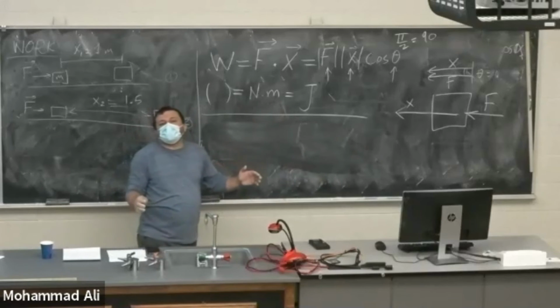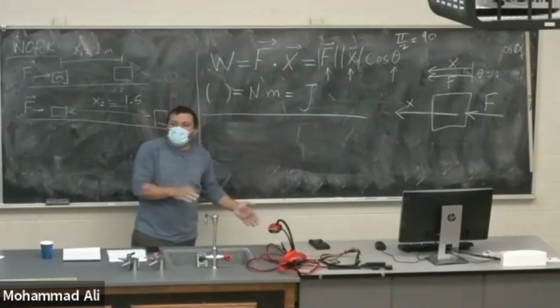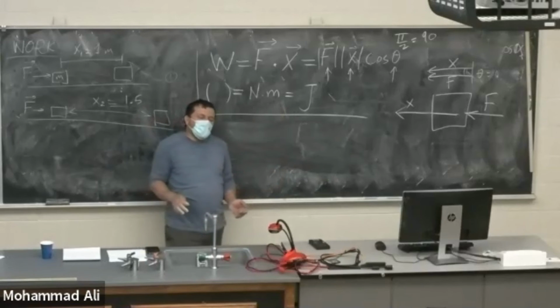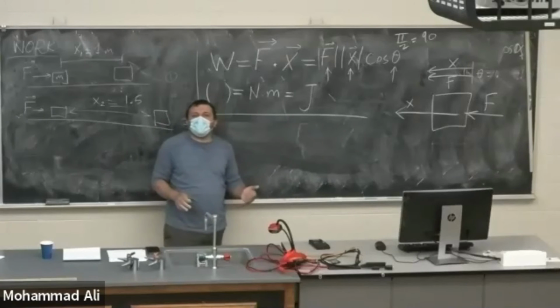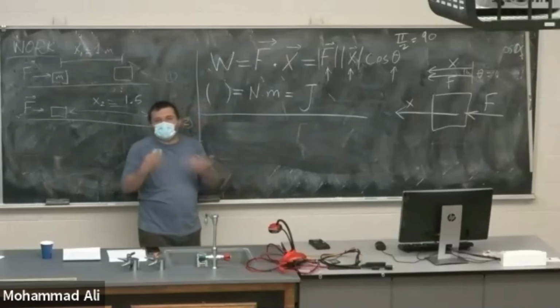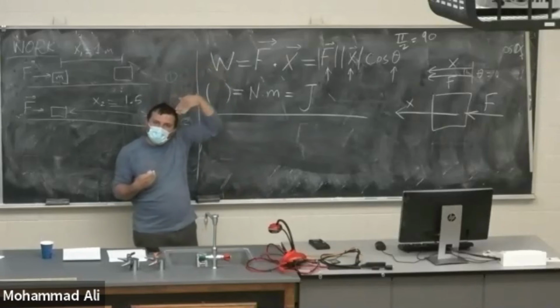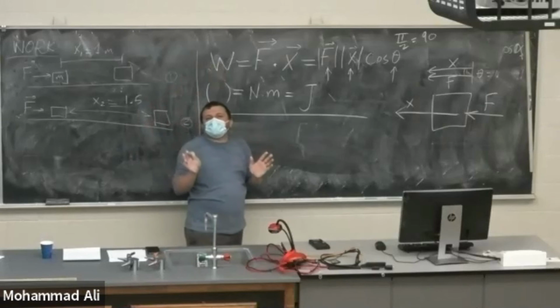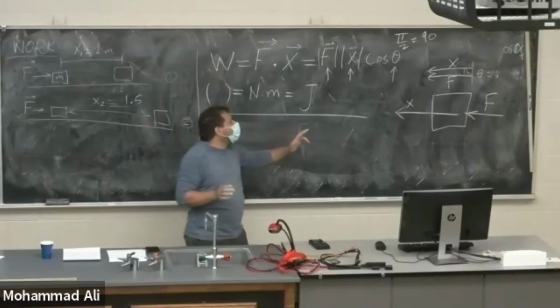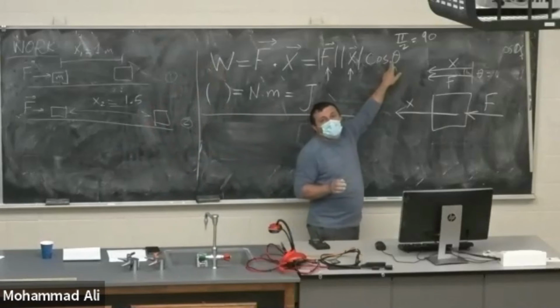Sometimes the work is positive, sometimes it's negative. People say that if the work is positive, then the work is done by the system, by me. If the work is negative, then the work is done on me. I don't understand this point because everything will be hidden in theta.